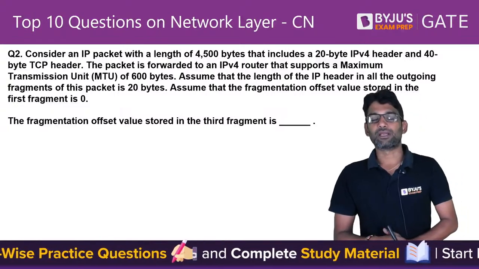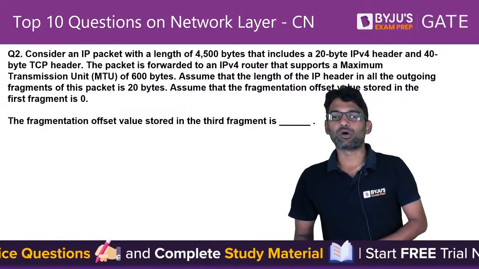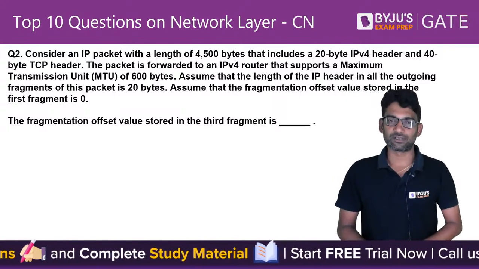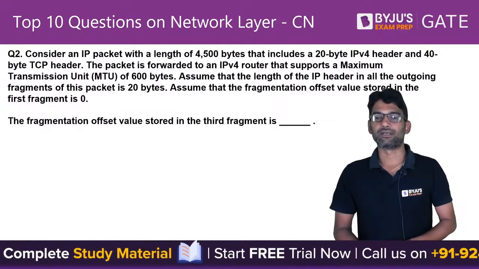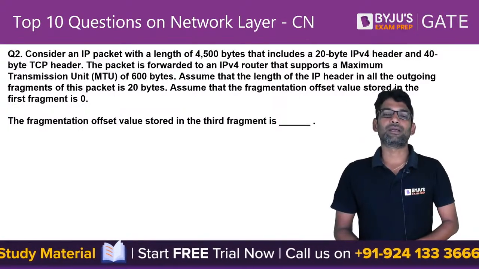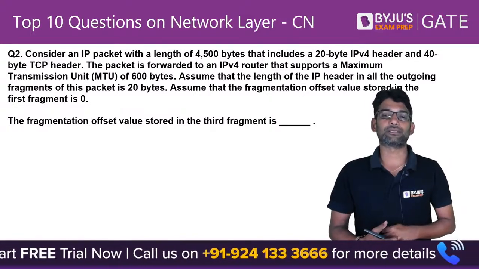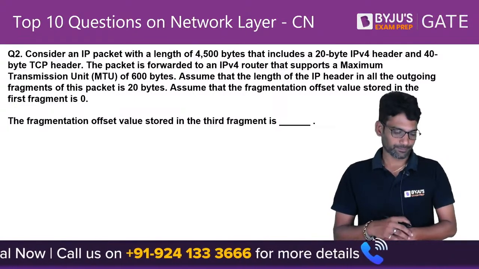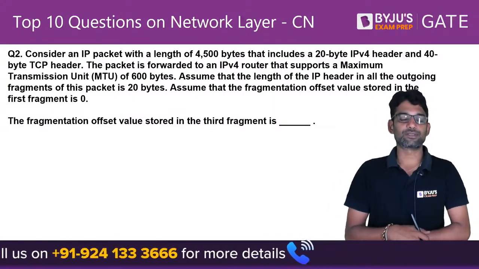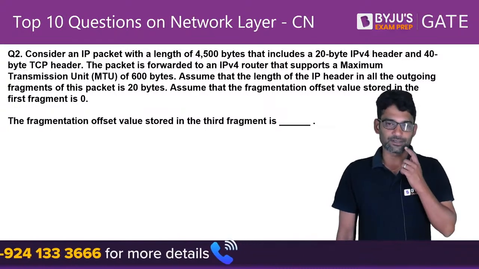Assume that length of IP header in all outgoing fragments for this packet is 20 bytes. Fragmentation value stored in third fragment is dash. Solve this question quickly and give your answer.